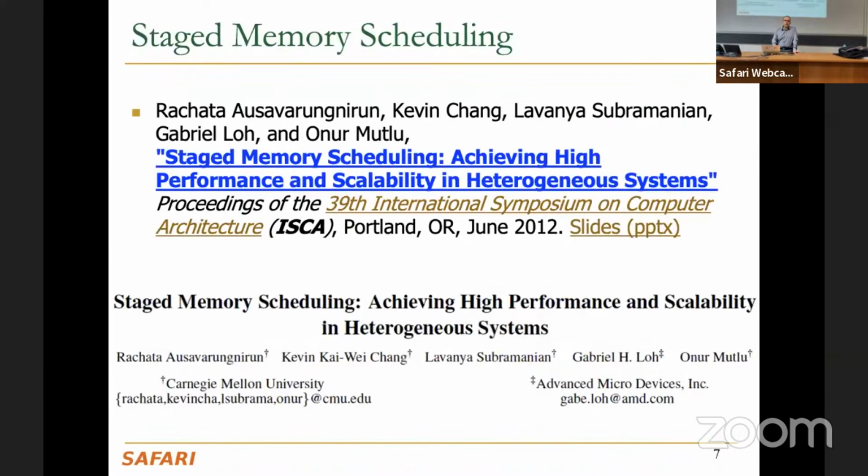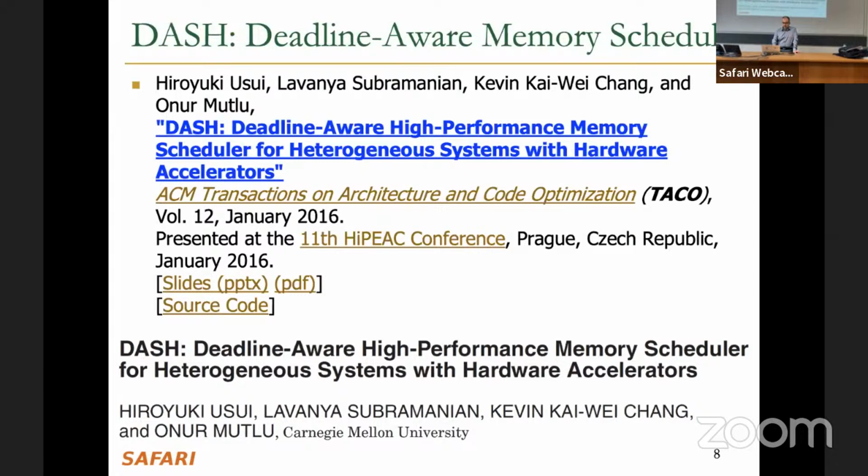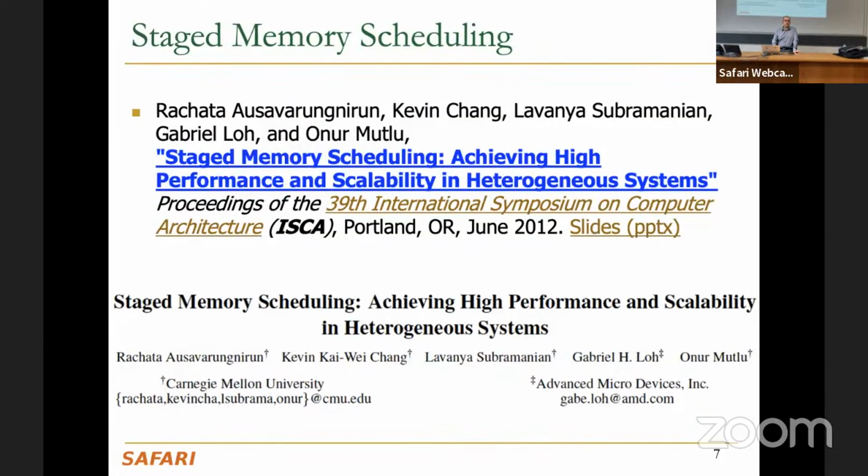But essentially, we have done a lot of work in this domain, and we designed different memory scheduling techniques. Staged memory scheduling is one of them, which provides quite good performance in CPU-GPU integrated systems. And I mentioned previously, long time ago, I guess in lecture 2 or so, that GPUs are usually throughput oriented, and applications running on GPU issue a lot of memory accesses.